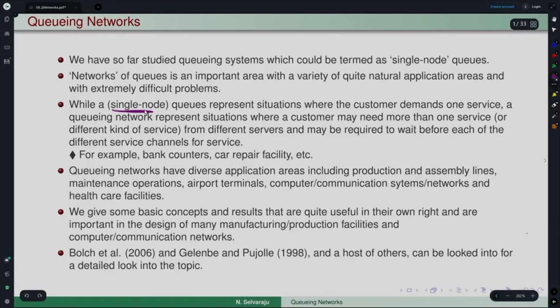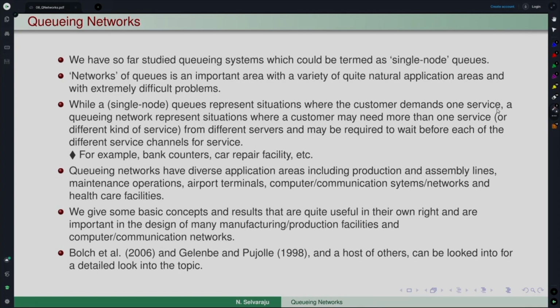While single node queues represent situations where the customer demands one service, right, that is what we say. Meaning that, if you go to a petty shop where you just buy something and come, that is it. So, that is a single node system basically.